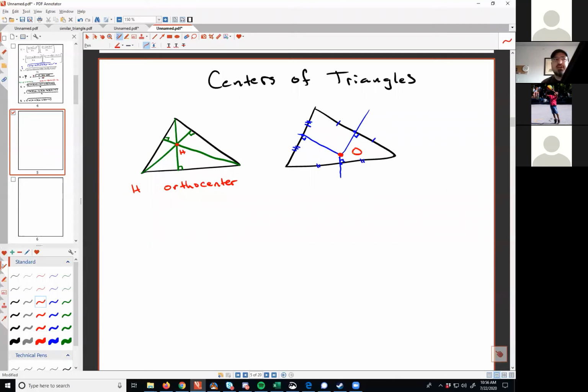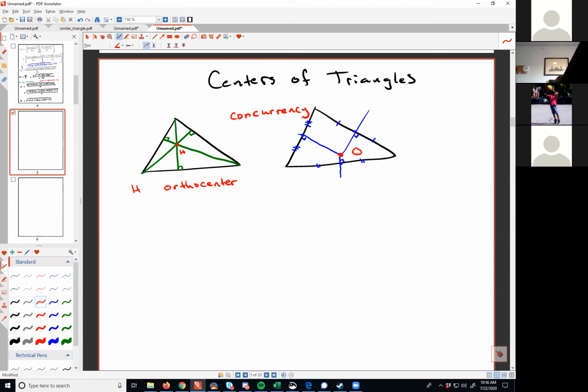By the way, we call this concurrency. We say that those three lines are concurrent. If you draw two of them and you find their point of intersection, the third line has to go through that. It's amazing. It can't go a little to the right or a little to the left. It just goes boom, right through that one point.